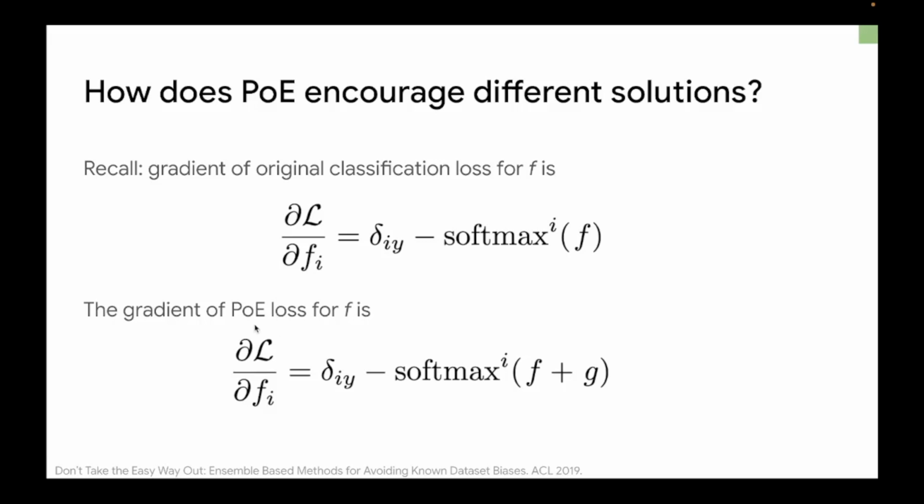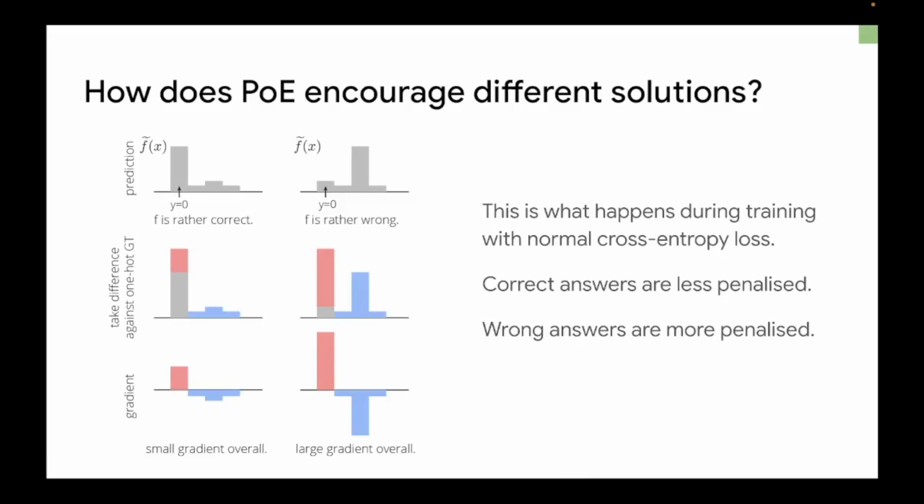Now, if you take the gradient of the product of experts loss with respect to f, what you get is the one-hot vector minus softmax. But now the softmax is over the summation of f and g. So it's still very easy, but this summation of f and g already makes f and g different. To see why, we can take a look at the gradients again. Let's say the ground truth is y equals 0, and f is rather correct, so your prediction is already centered around y equals 0.